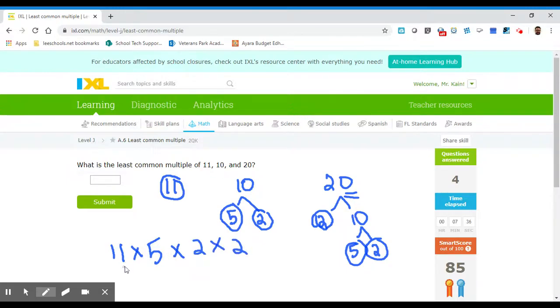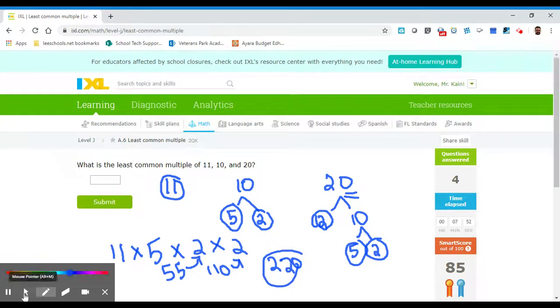Okay? Then we multiply. 11 times 5 is 55. 55 times 2 is 110. And 110 times 2 is 220. So that is the least common multiple, 220.